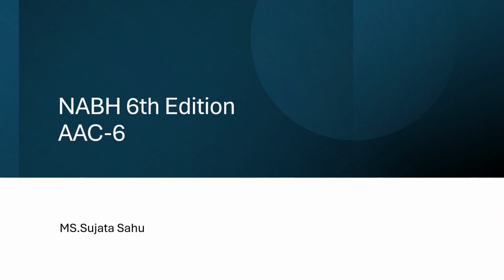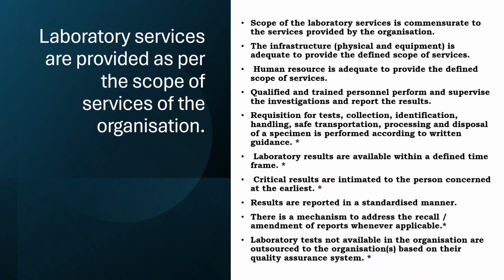It is AAC6. It is stating about laboratory services, whatever the laboratory services are provided as per the scope of the services of the organization. So the objective elements included are: the scope of laboratory services, the infrastructure, the human resource, and the qualified trained staff should be there.